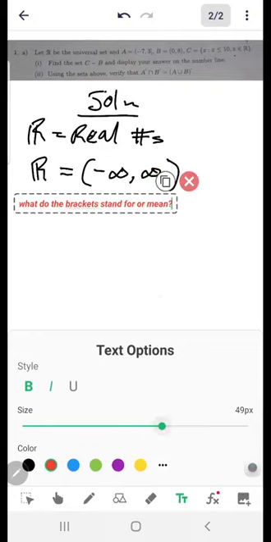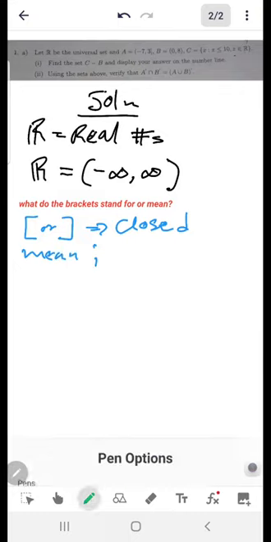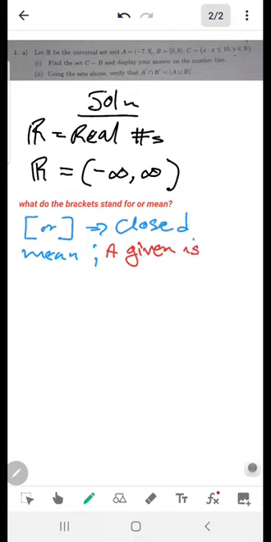So the first bracket is this one, like that or that. This is normally known as the close bracket. What does it mean? It simply means that a given number is part of the set.